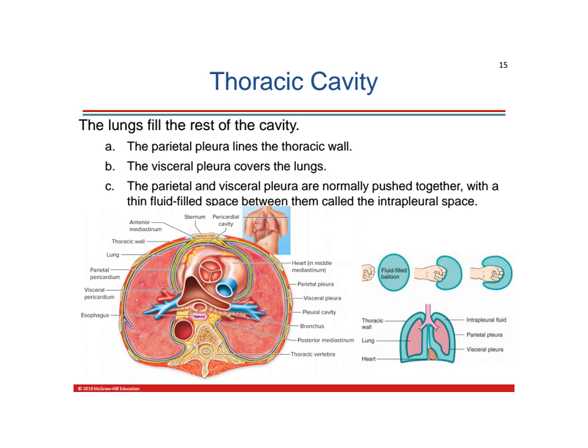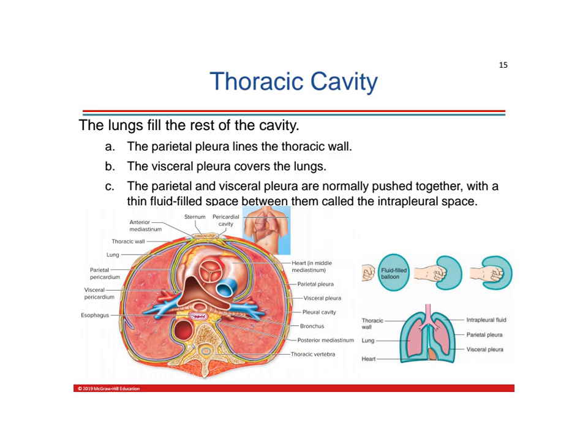The lungs can be thought of as like this hand pushing into a balloon. The inner part of the balloon would be the visceral pleura, and the outer part of the balloon would be the parietal pleura.